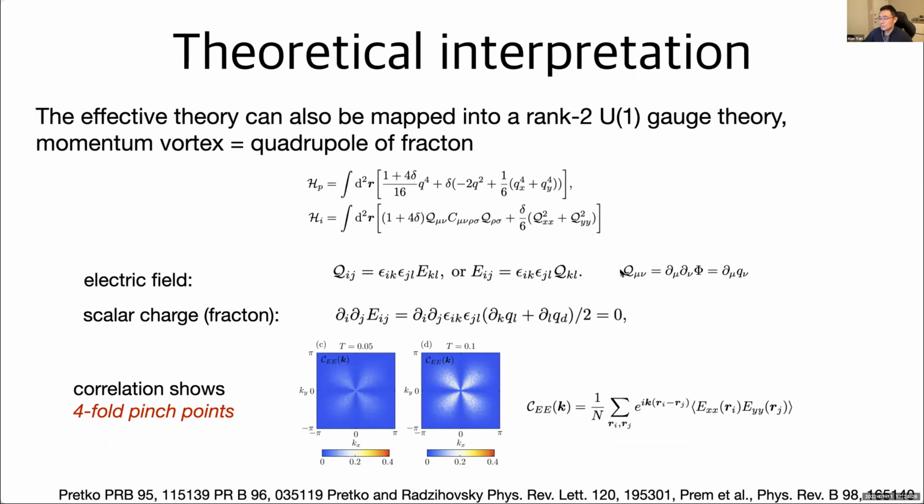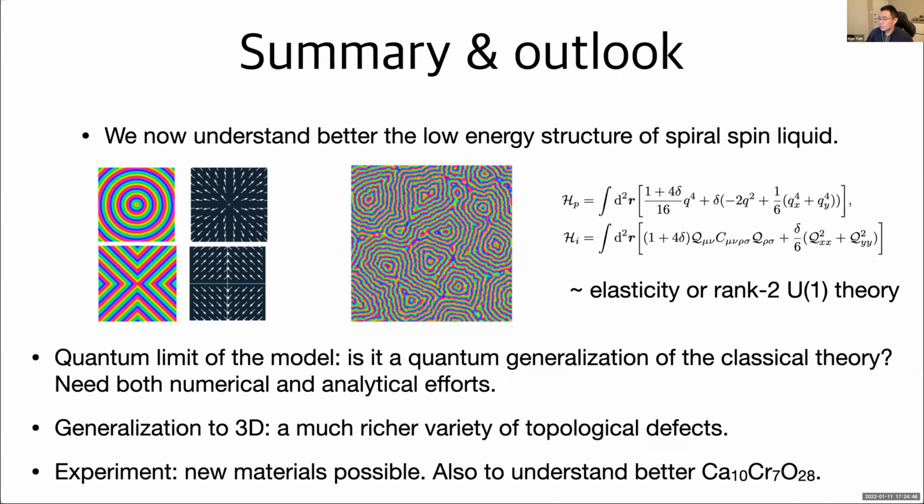I have no time to explain it, but basically it's a new kind of electromagnetism where your electric field is a tensor instead of just a vector, and you have a modified version of Gauss law. The signature is this four-fold pinch point, which can be seen in numerical simulation.